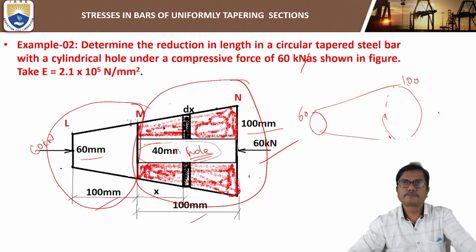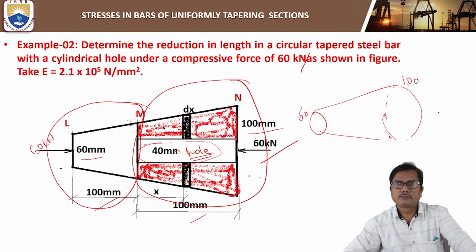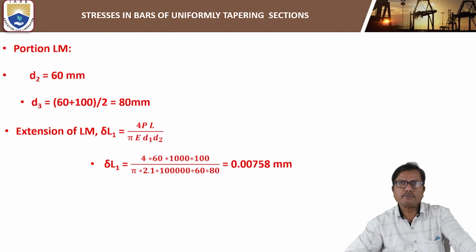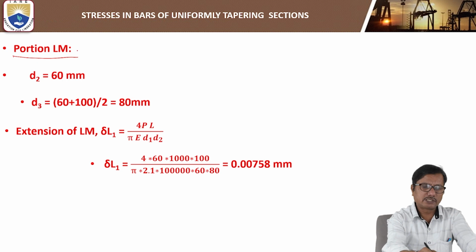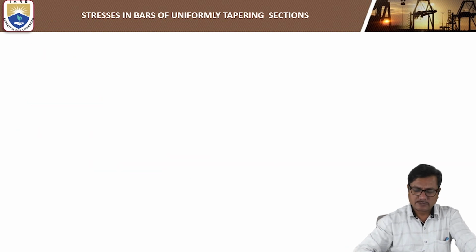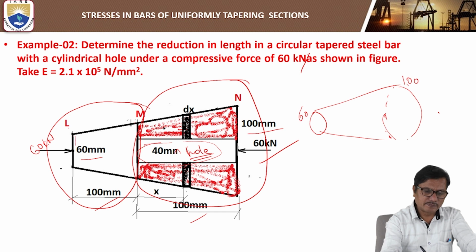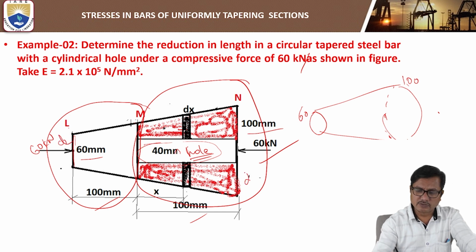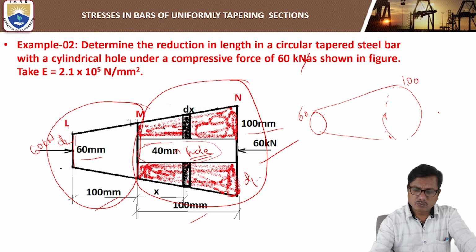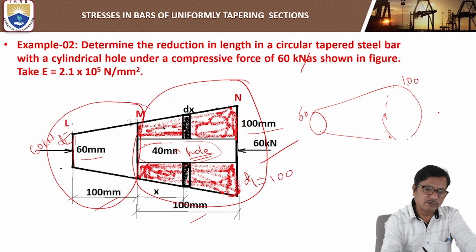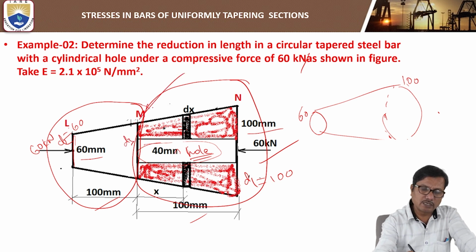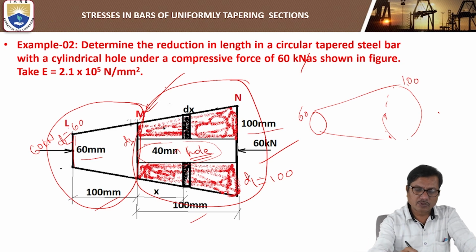So first, portion LM. Let us consider the diameter at the left end. This is D2, say this is D1. D2 is 60, D1 is 100 mm, and D3, the diameter at section M, is the midsection, actually 100 mm on either side.